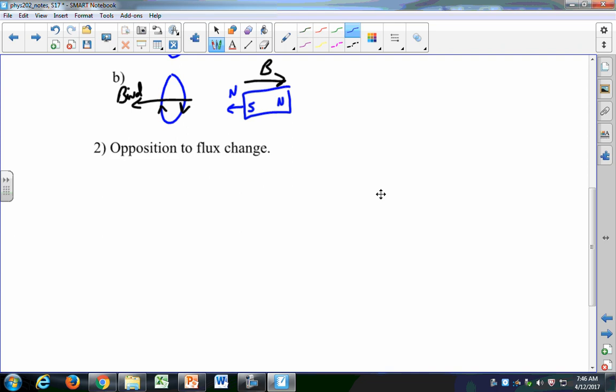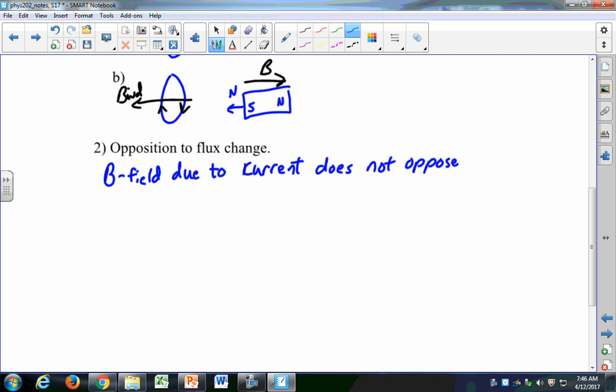The magnetic field due to the current, that's your induced magnetic field, does not oppose the direction of the magnet. Necessarily.